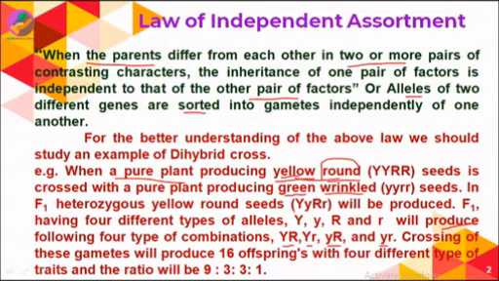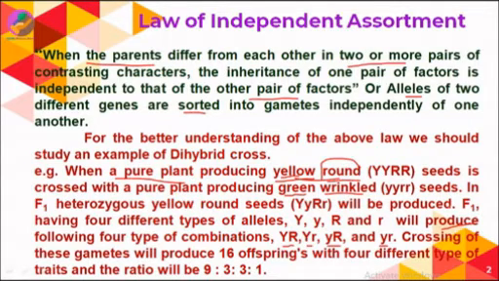It contains capital Y, small y, meaning one allele for yellow color and one allele for green color. Next, for the shape of seed, one allele for round seeds and one allele for wrinkled seeds. Such heterozygous offspring will be produced.